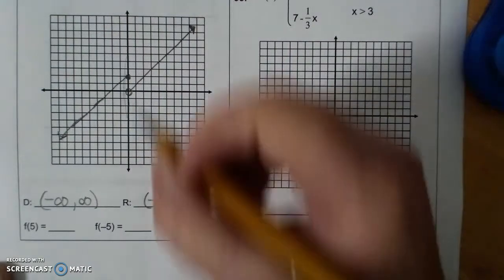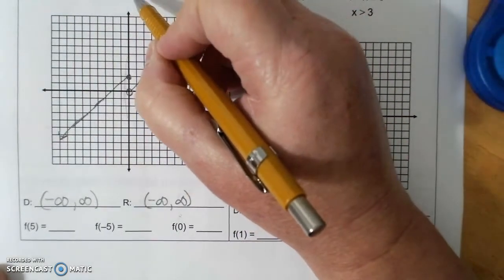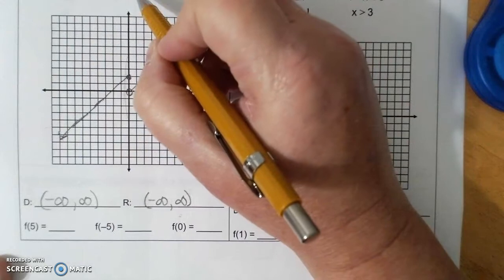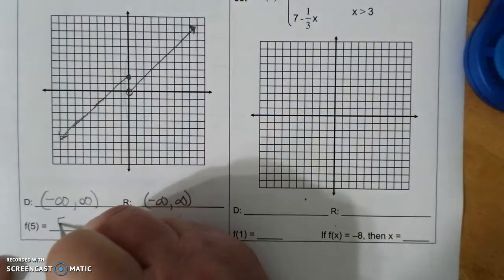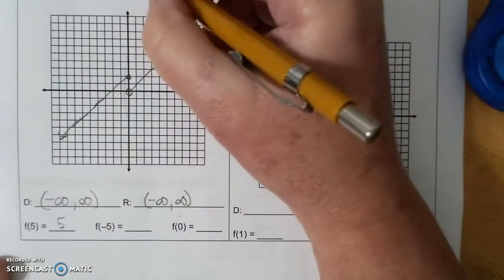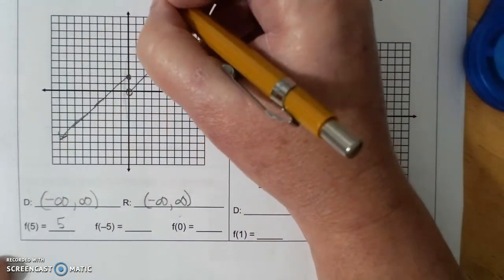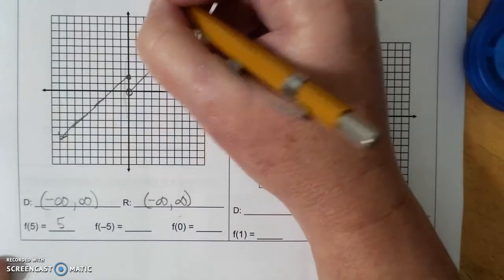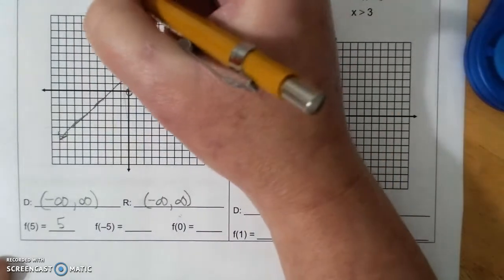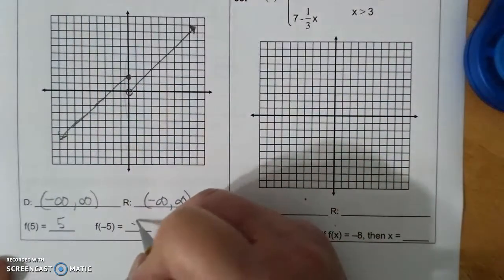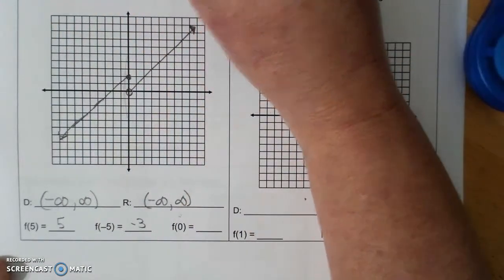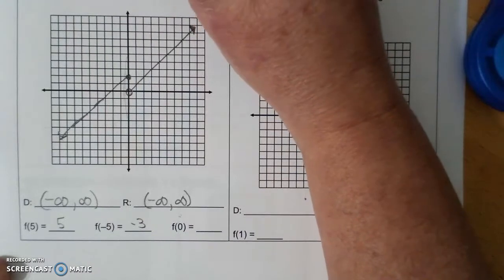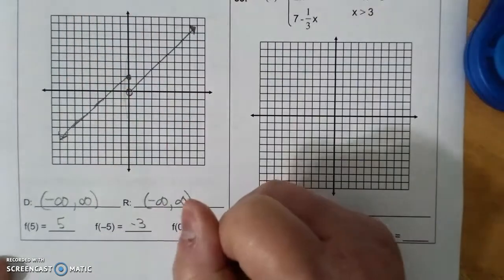F of 5: 5 is greater than 0, so 5 would be in this piece. F of -5 would be in this piece, because -5 is less than 0, so -5 plus 2 is -3. 0 is in this set, because this does not include the 0, this includes the 0, so it is 2.